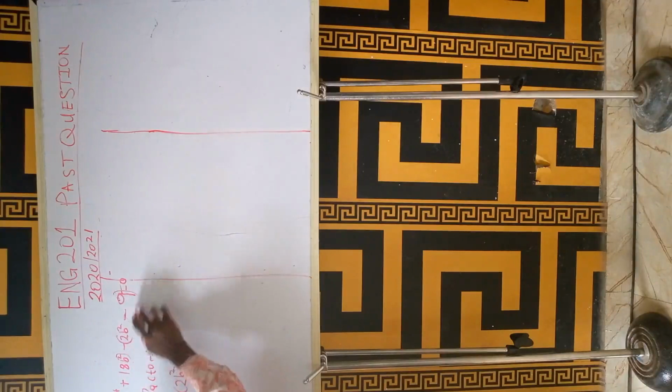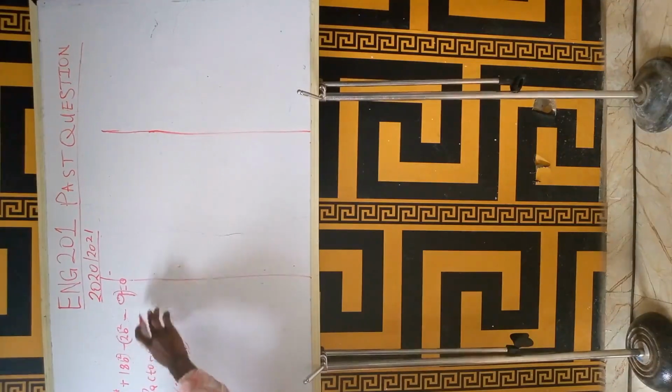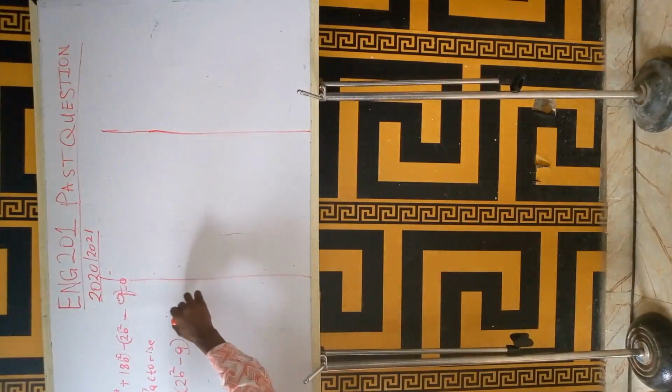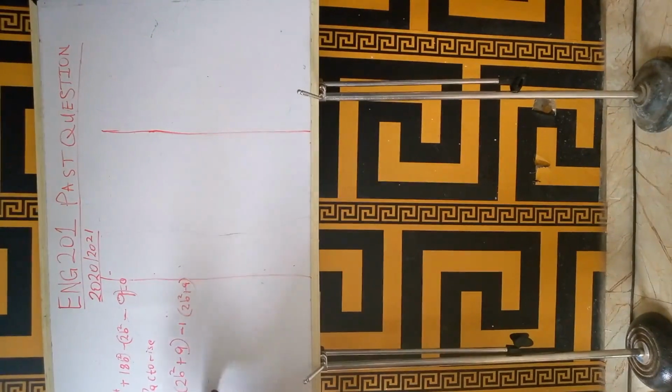1 is common to these two terms here. You have minus 1, 2b square plus 9. Therefore, this is your answer. 2b square minus 1 and 2b square plus 9, all equals to 0.